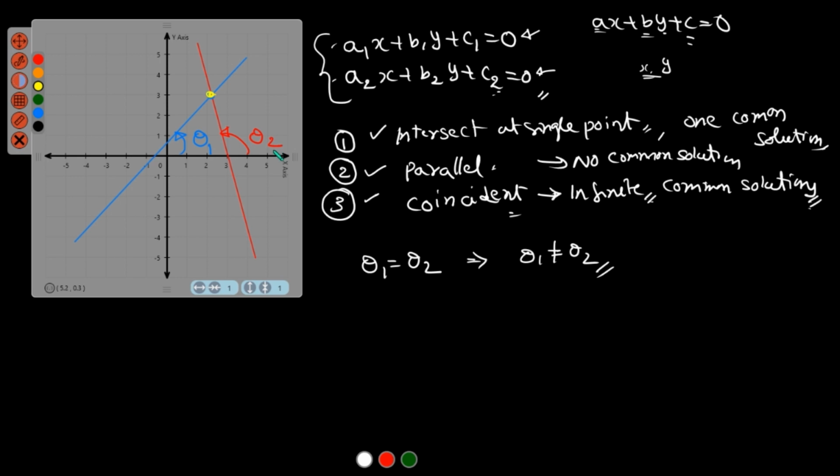If you are interested in the derivations for the expressions below, please give a comment. If a1 by a2 is not equal to b1 by b2, then these lines will intersect at a single point.